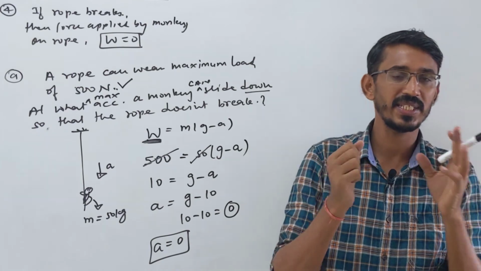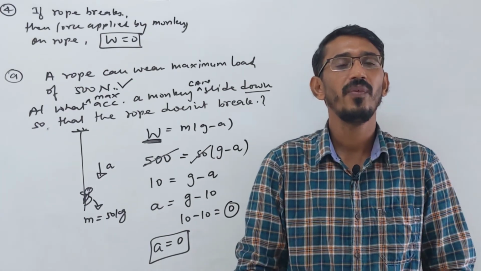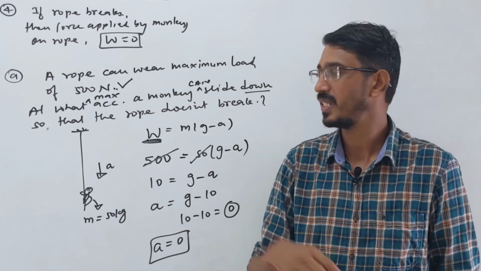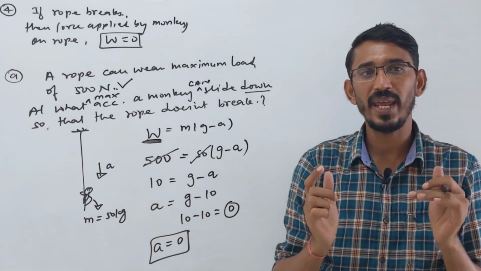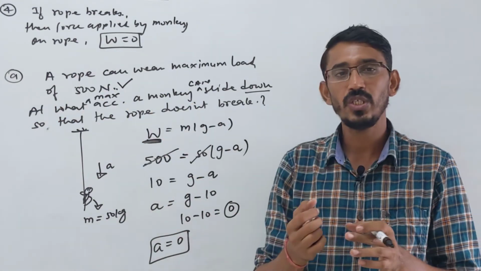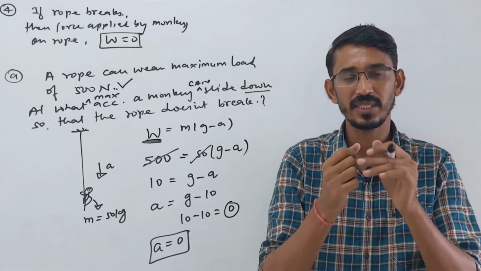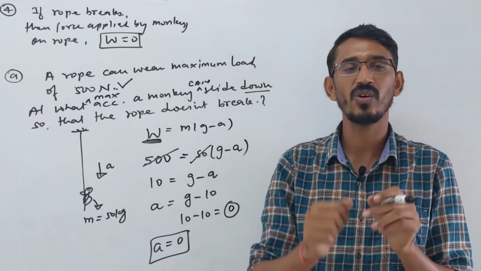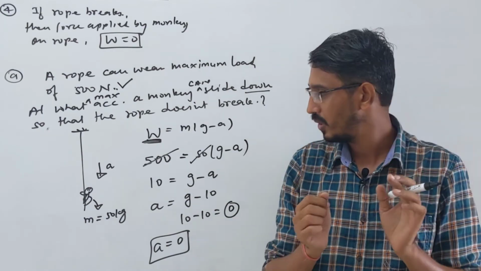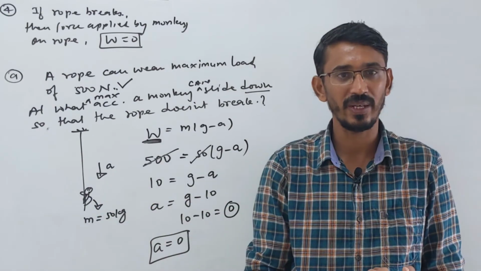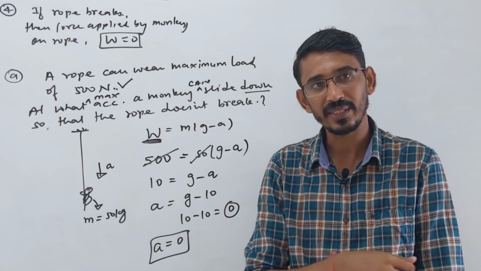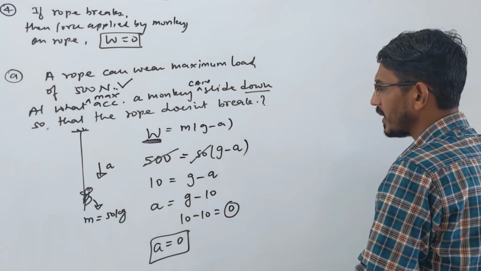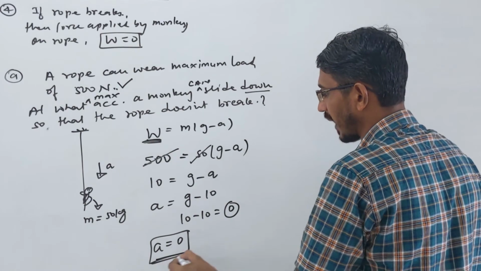Suppose the monkey is at rest, just hanging, then what is the weight of the monkey? 50 into 10, 500, exactly coming to that number, right? It means if you don't want to break that rope, then the monkey should not accelerate. He can either move up and down at constant velocity, or he should just keep hanging. If he is accelerating, then the rope will break. Correct? So in this case, he should be at rest. He should not accelerate.